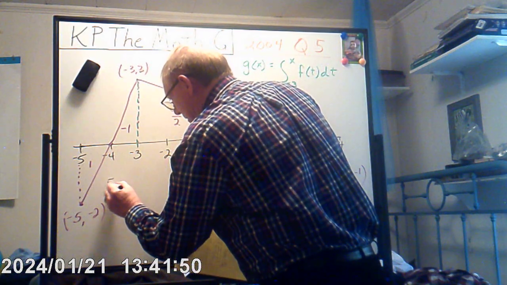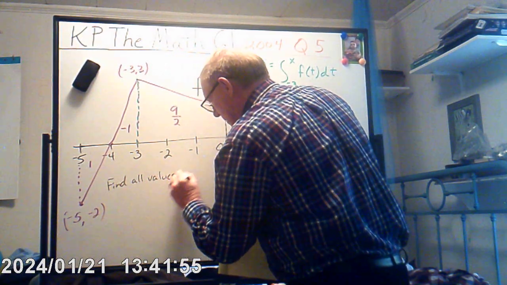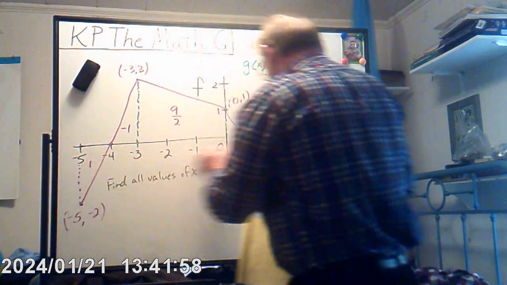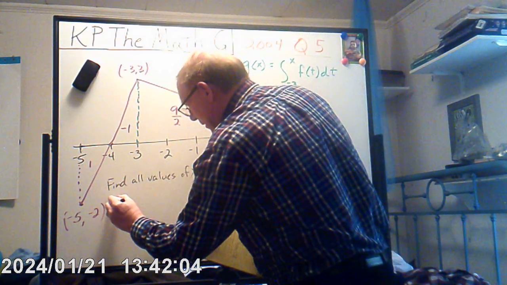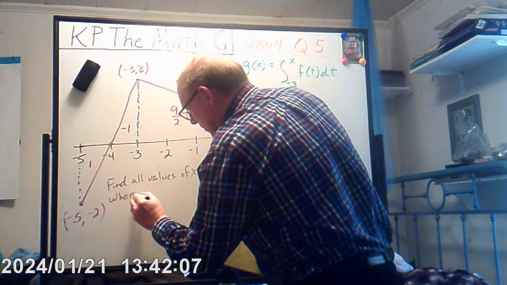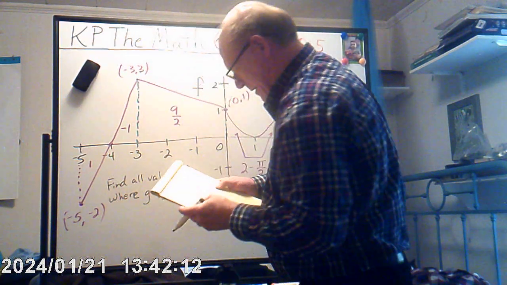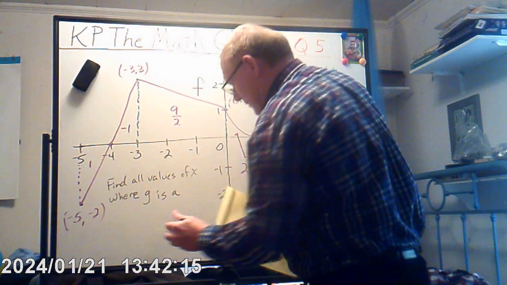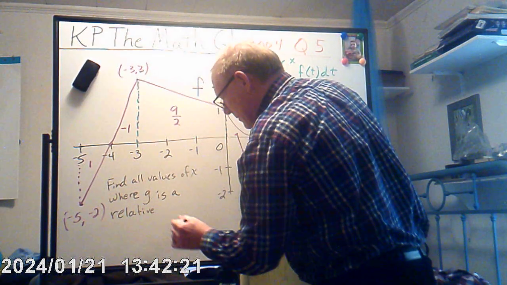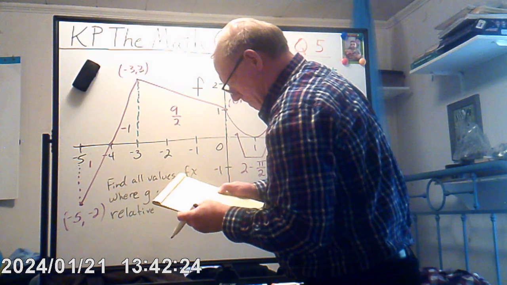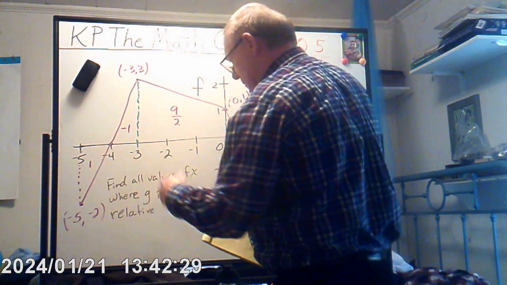We want to find all values of x from -5 to 4, of course, where g is a relative... Let's start with minimum first.